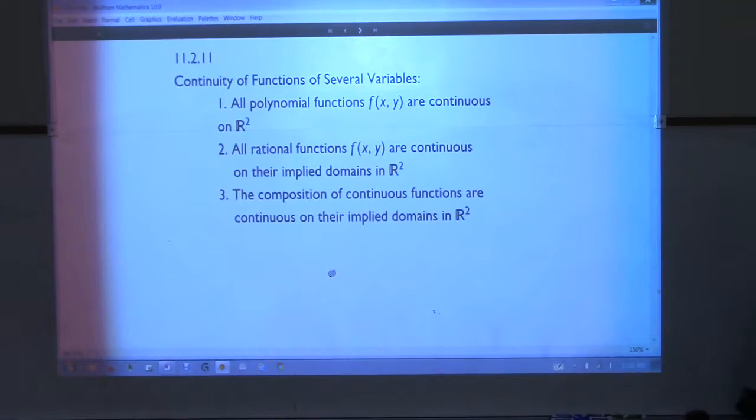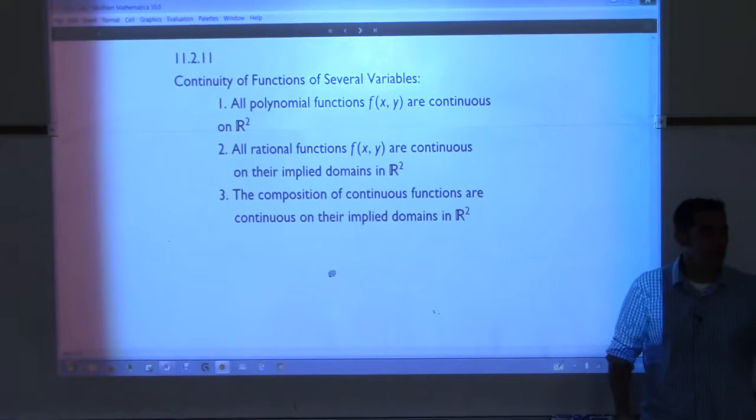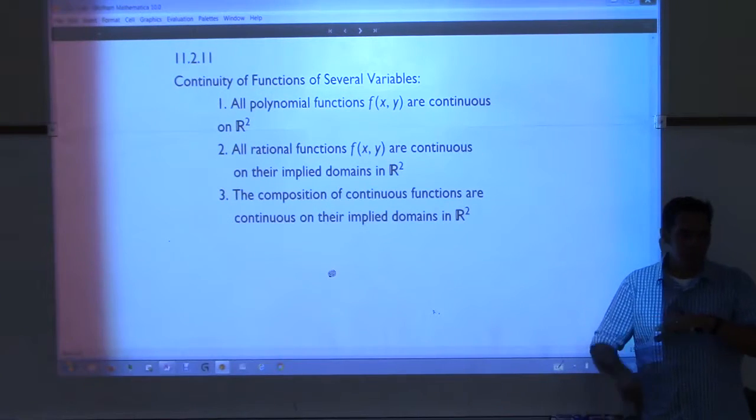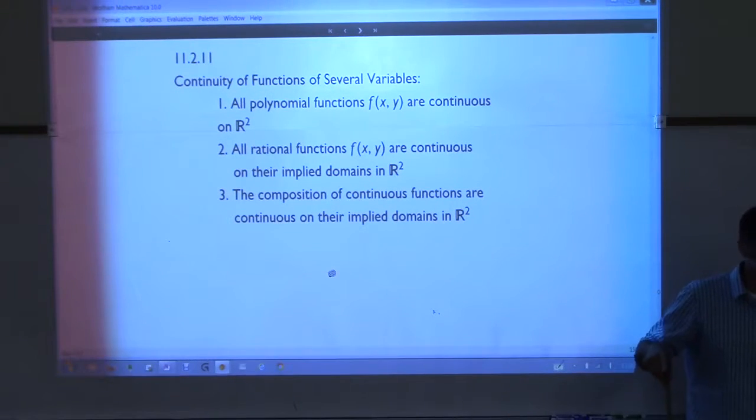That means if your function of two variables is a polynomial, has x's and y's raised to various powers, that's a polynomial function in x and y. It is continuous everywhere. You're not going to have any jumps, breaks, gaps, holes. It's all good. All right? You don't have to prove it. It's just understood that it's continuous.